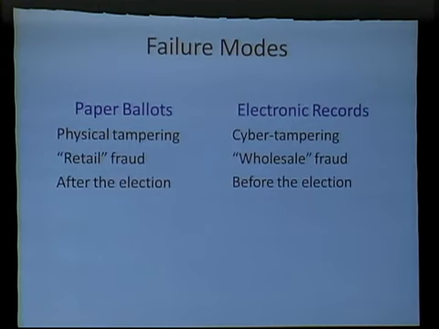Paper and electronic ballots also are useful in combination because they have complementary failure modes. The paper ballot is vulnerable mostly to low-tech physical tampering, to tampering by a large conspiracy of people at the places where the votes are cast or who are able to tamper with the ballots after they're cast. And it's primarily something you have to do after the election.